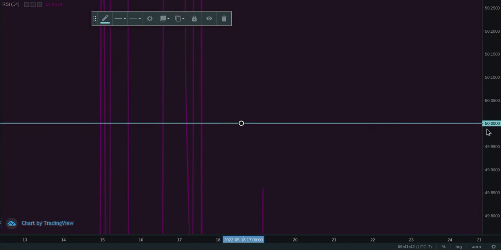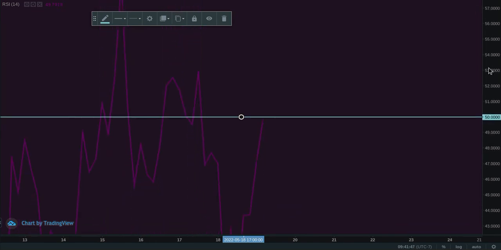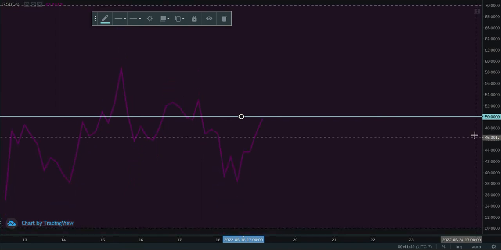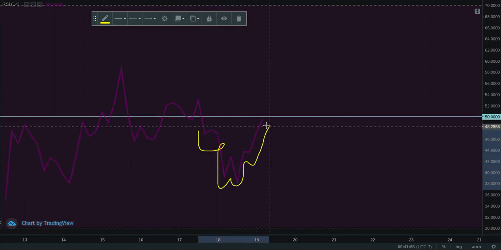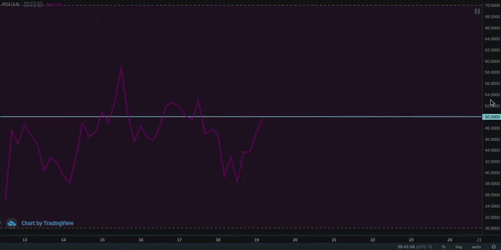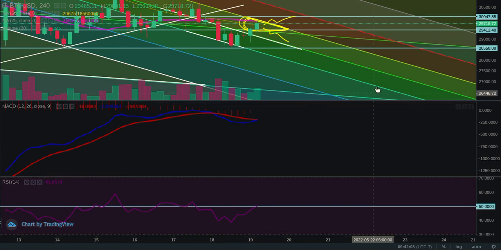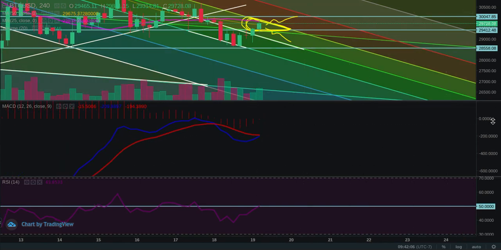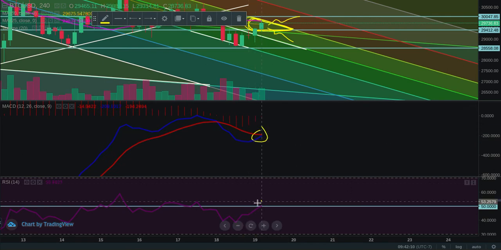So as you guys can see, we're getting really close. It's at the decision area, pretty much. And look, they got 1, 2, 3, like that. So this next 50 line is gonna be, and then we're also gonna cross right here in this MACD. So a MACD cross and also a 50 line RSI, meaning we're going to the upside.